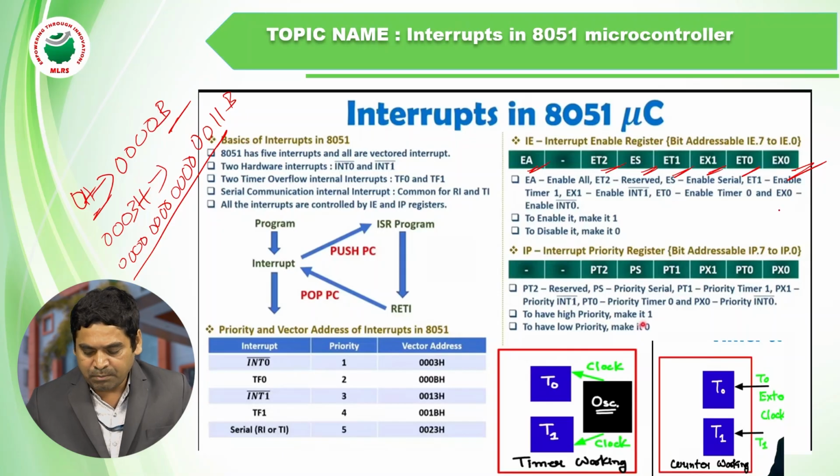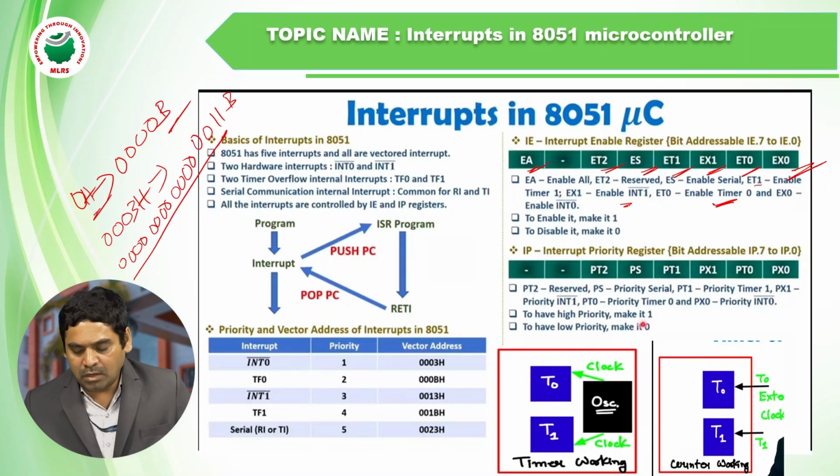EX0 enables INT0 bar. The second bit, ET0, enables timer 0. EX1 enables INT1 bar. ET1 enables timer 1. ES enables serial. ET2 is reserved for any program. And EA enables all.